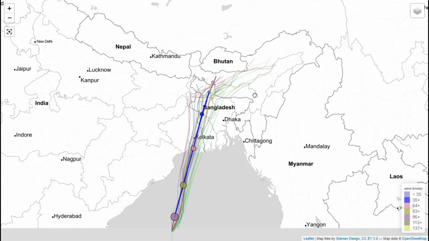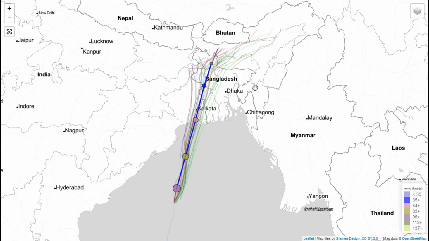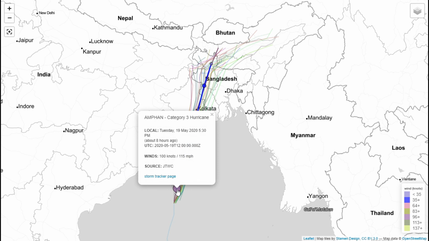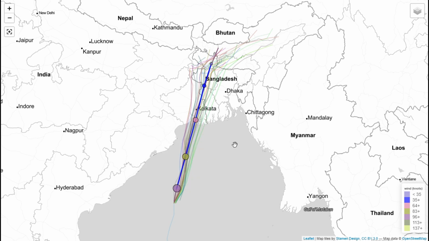These models are very interesting, and they give you a lot of information: the movement, the path, the speed, and approximate time details of when it will reach a particular point.